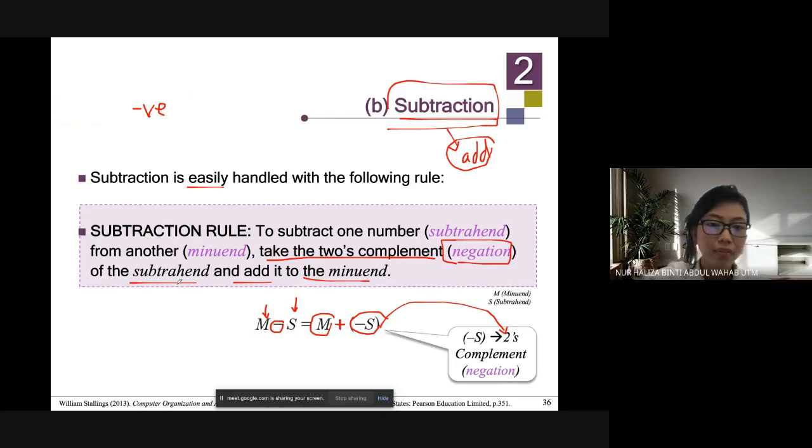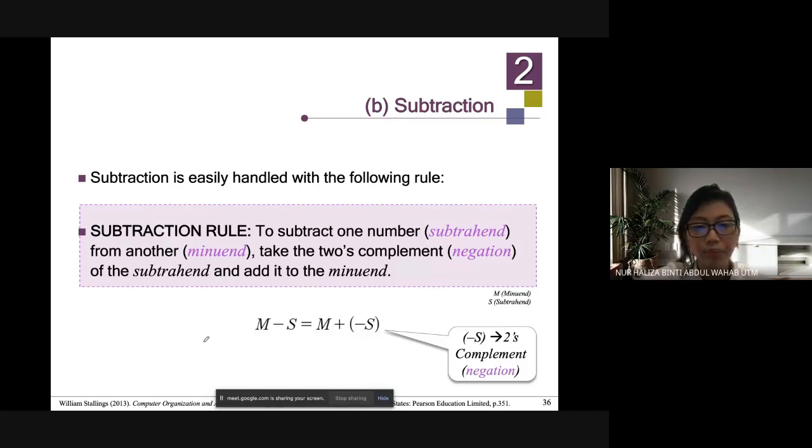So if let's say I give you an example, I give you decimal first: 2 minus 1, let's say. So you're going to change it to 2 plus minus 1. This minus 1, you will change it and do the representation using two's complement.